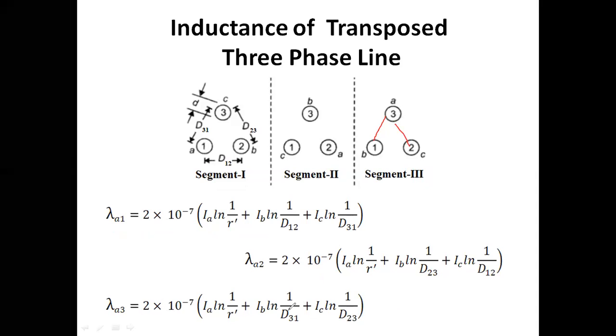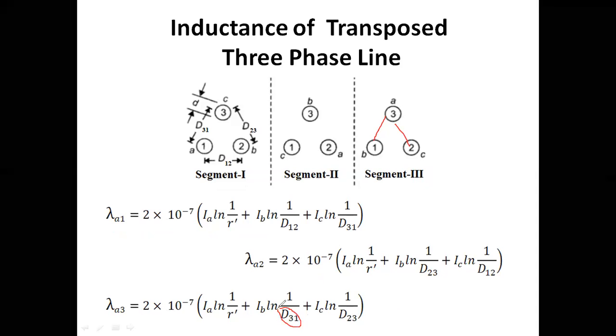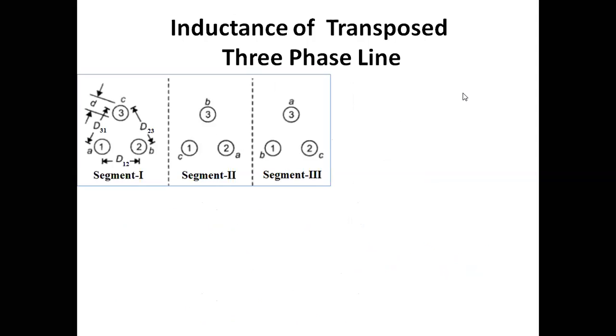So you can see after each interval the distances between the conductors are changing, and this phenomenon is called transposition. So these are the three flux linkages for phase conductor A.